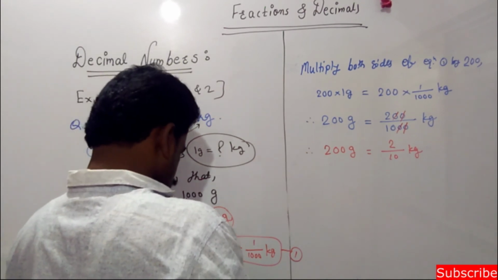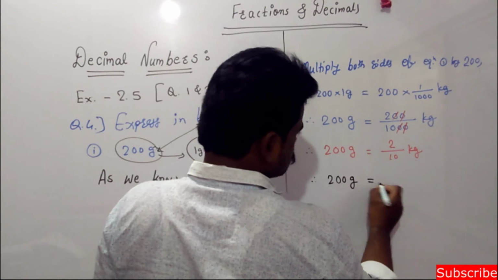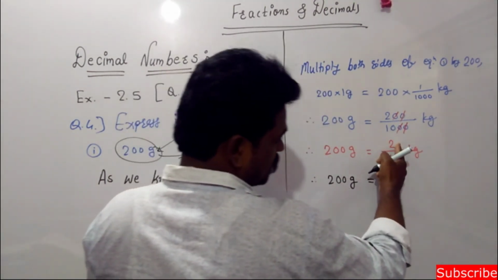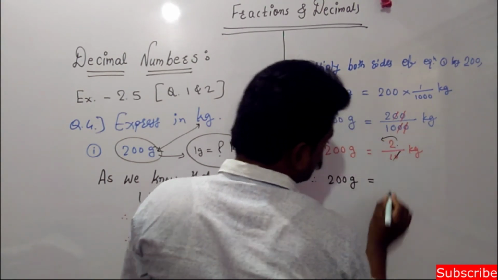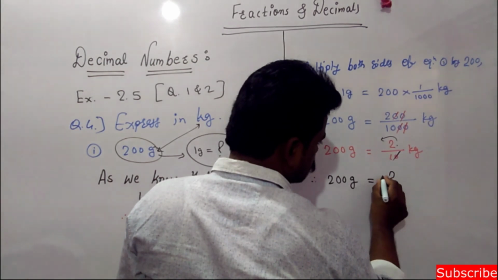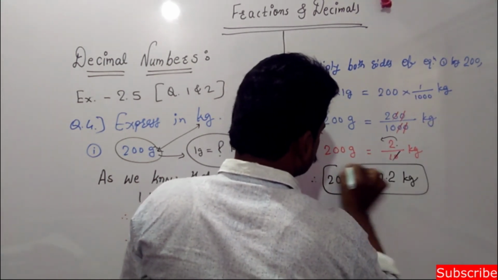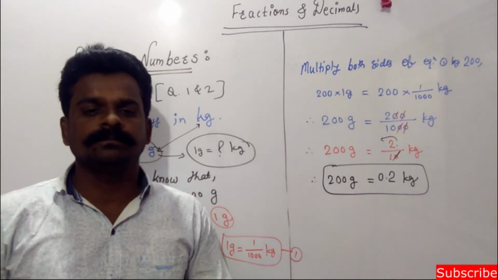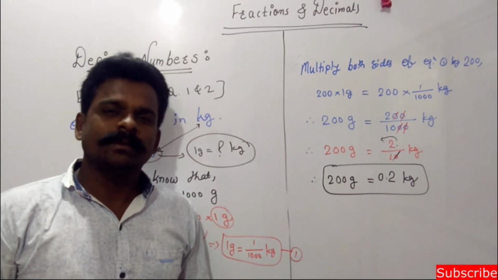The same thing we can write by shifting our decimal point by 1 digit only. So 200 gram is equal to 0.2 kilogram. Got it? 200 gram is equal to 0.2 kilogram.